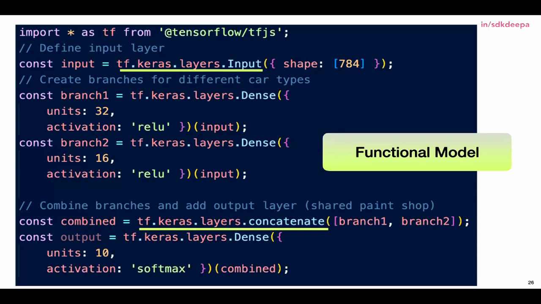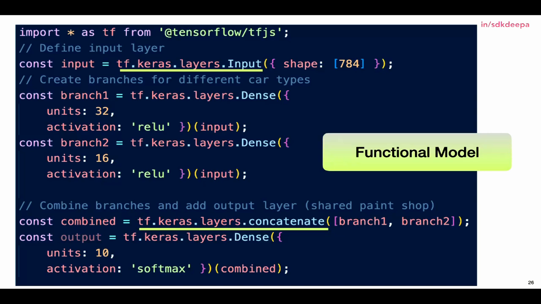Here, imagine that you run a car factory, right? You're branching it out, one for producing Hondas, and the other one would be Toyotas or something like that. But then if you want to combine them, or put them in a line where you want to paint them together, in that case, you would use a combined one, and then you can concatenate both the branches.